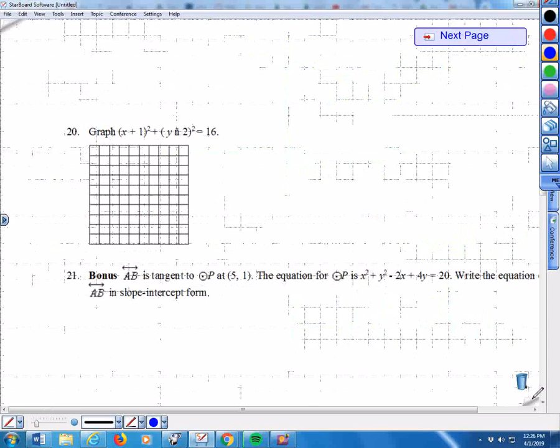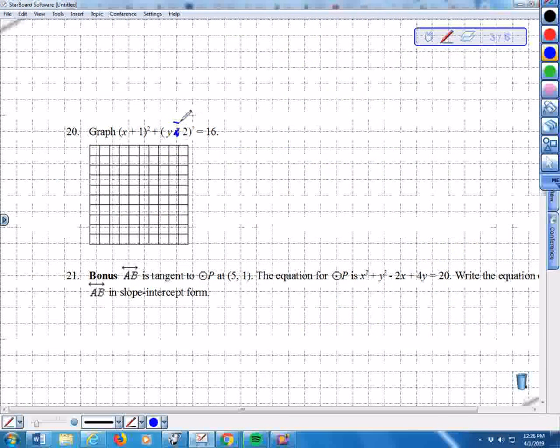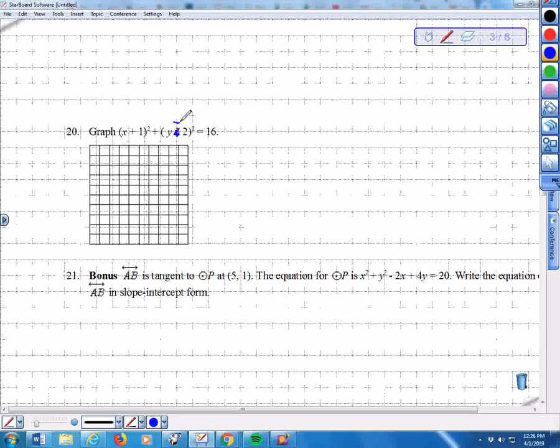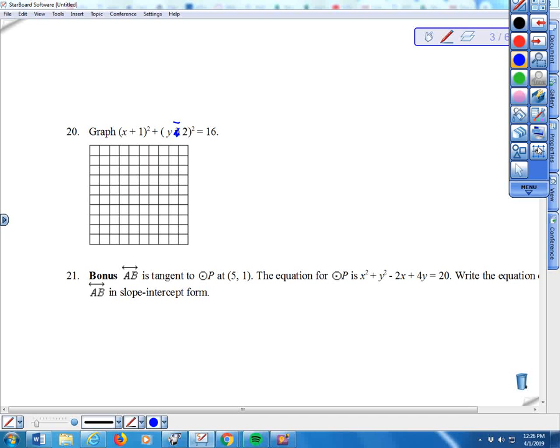20. This actually should be a y minus. So where's my center of this circle? What point? What coordinate? What's h and what's k?